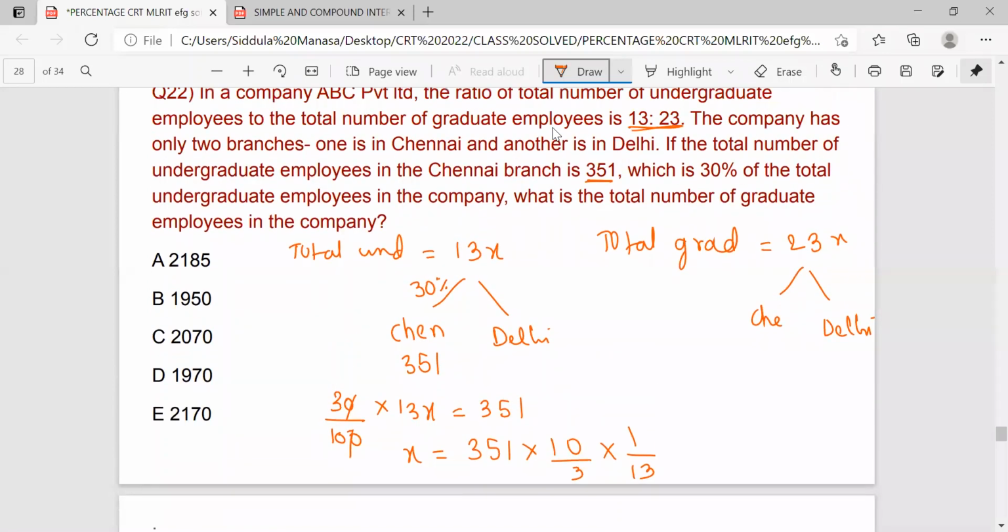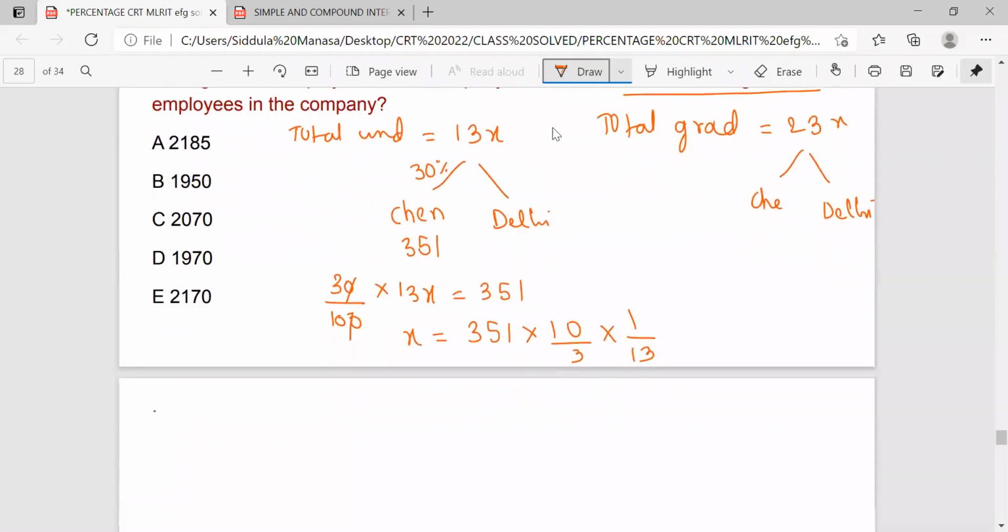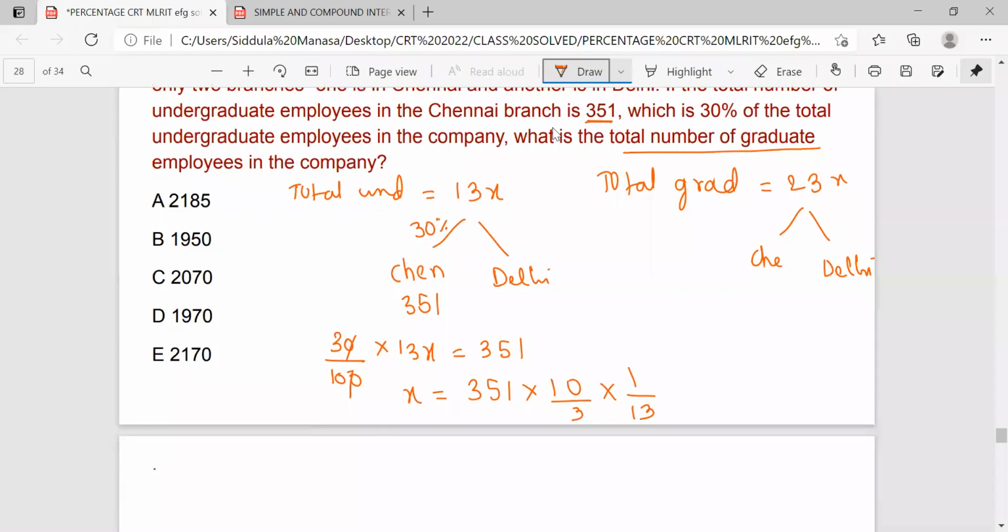Now what is it saying here? What is the total number of graduates? We already know total number of graduates is 23x. So that is equal to 23 times x value, which we already know, 351 into 10 by 3 into 1 by 13.